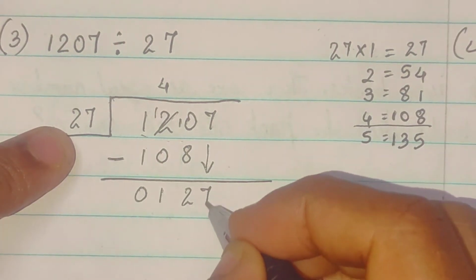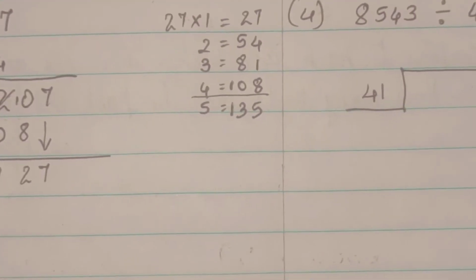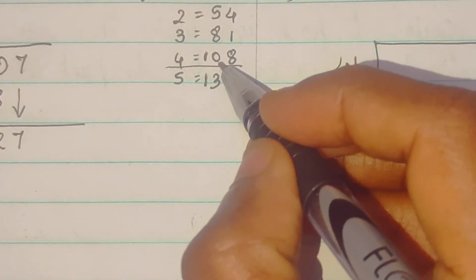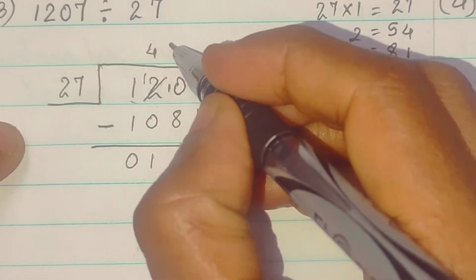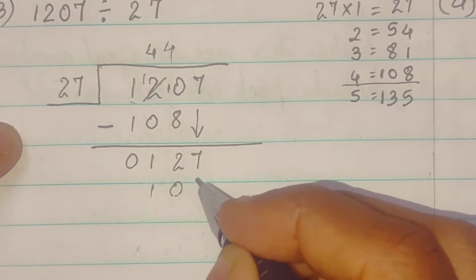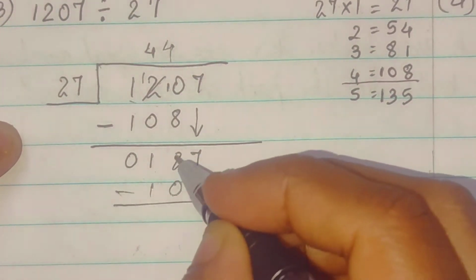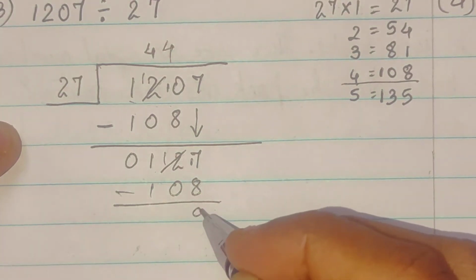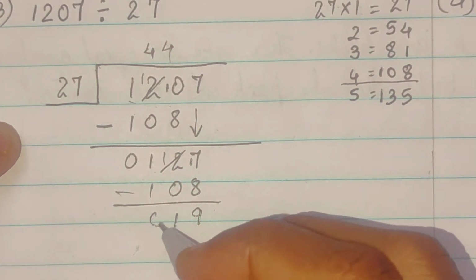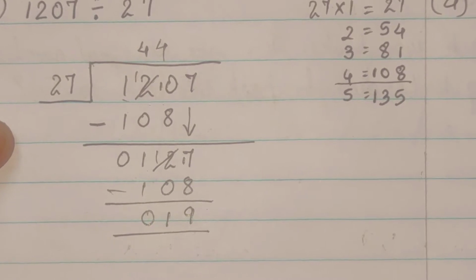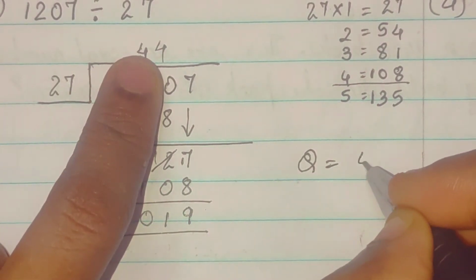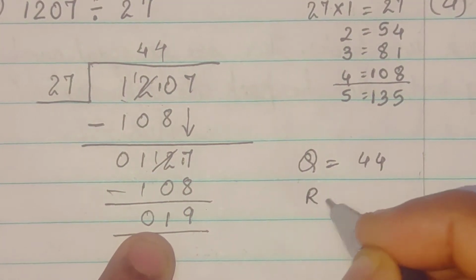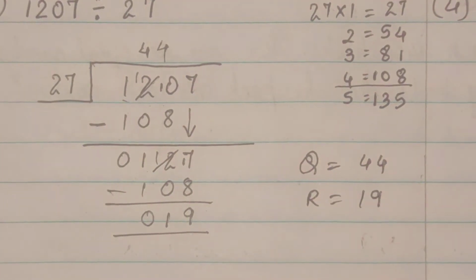Now this 7 comes down, 127. So again 127, that means again we have to take this only 4. So 4s are 108. So after subtraction 9, 1 minus 0 is 1 and 0. So 19 is a remainder. So here quotient is how much? 44 and remainder is how much? 19. Okay.